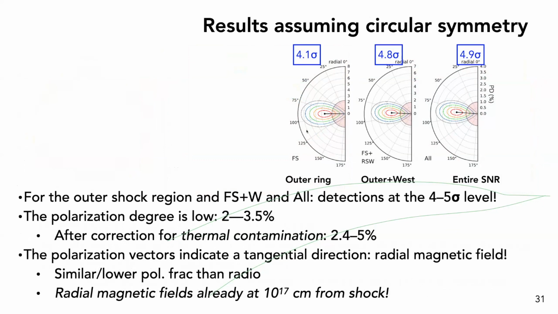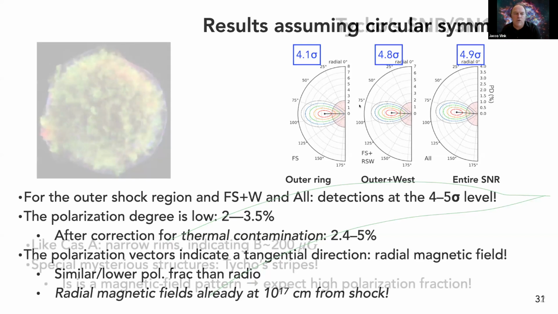And the hole at close to 5 sigma, but the polarization degree is probably low because not everywhere do you get synchrotron emission. The values here are uncorrected for thermal emission. The final version that we quoted is always corrected for thermal emission.